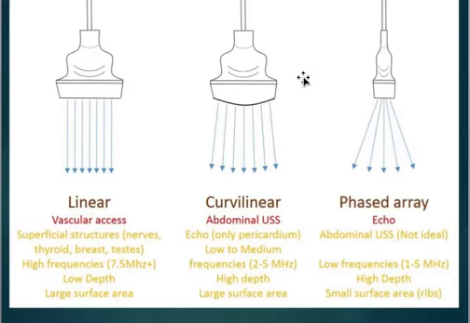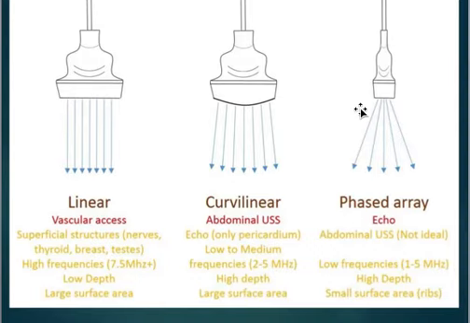The curved or curved linear is a balanced frequency. So this one has a high depth. We use this a lot for abdominal ultrasound, so we can get far down in to see those abdominal organs. The skinny phased is a low frequency, but it's high depth, so it can go far into the body.